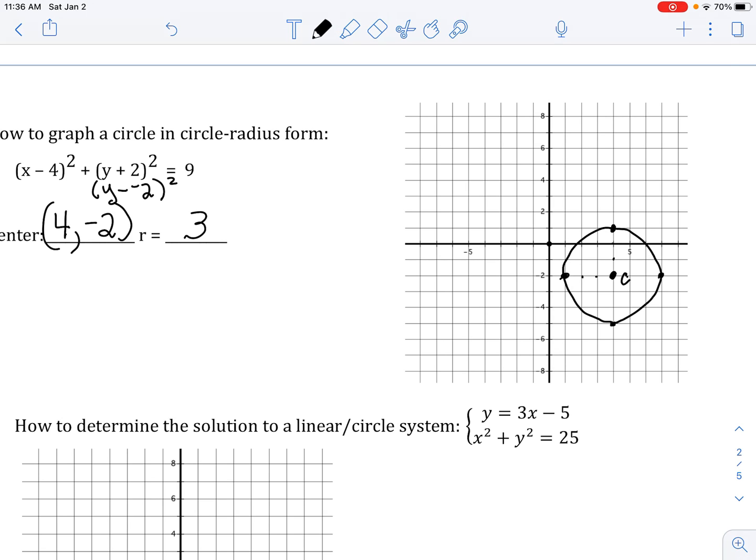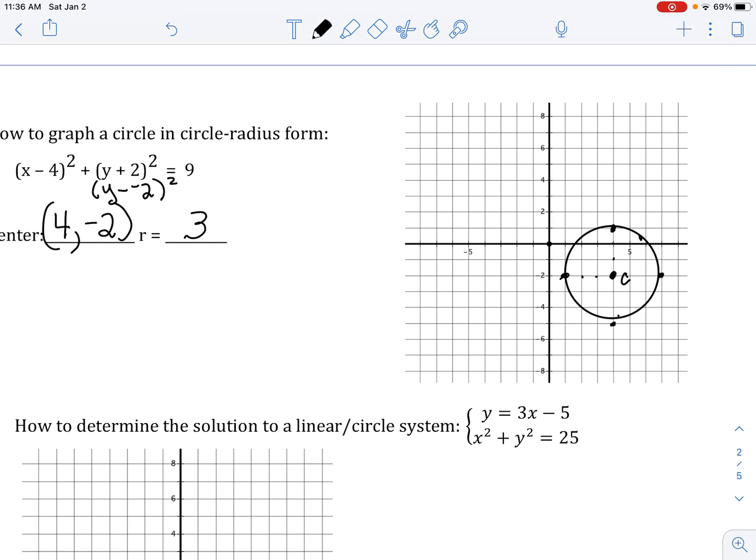I think in Notability, you can actually expand your circle and, oh, whoops. Well, good enough.